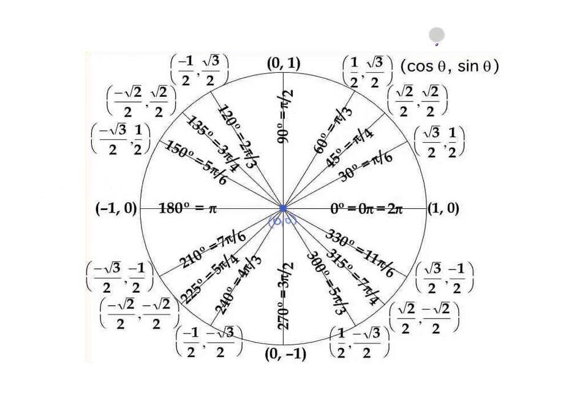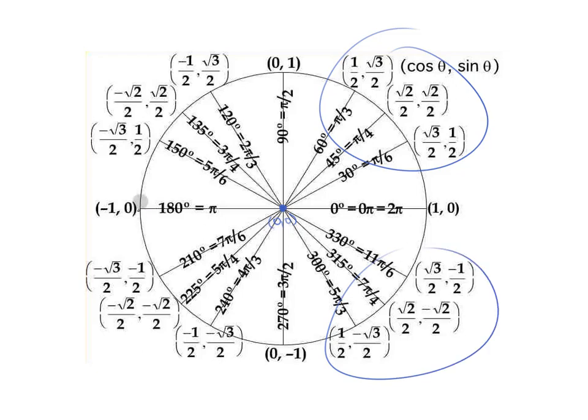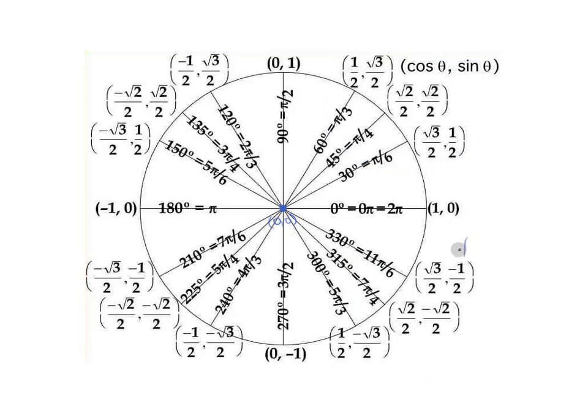If you use symmetry over the x-axis, you can reflect those values down, but all of the y values are negative because we're below 0. Same idea over here, both x and y, cosine and sine, are negative. And don't forget, the cosine value of each angle is the x-coordinate, and the sine value of each angle is its y-coordinate. Okay, so kind of a legend there.